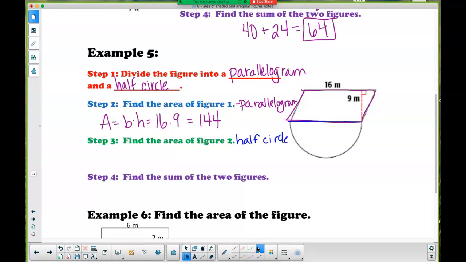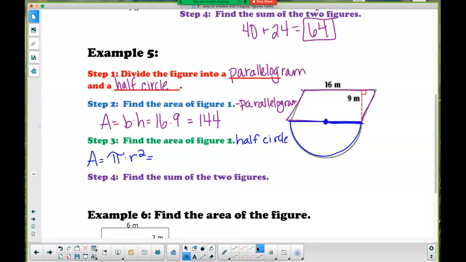So this right here. Okay, area of a full circle is pi times radius squared. What's the radius? Here's the center of the circle.